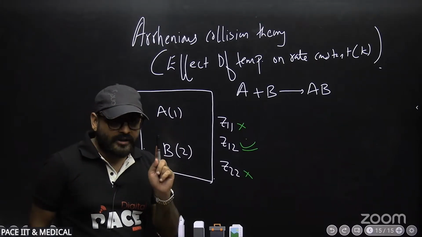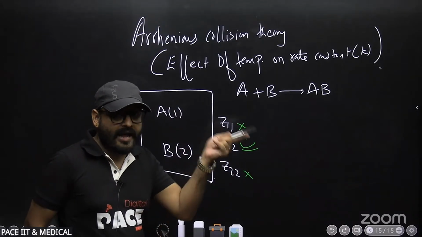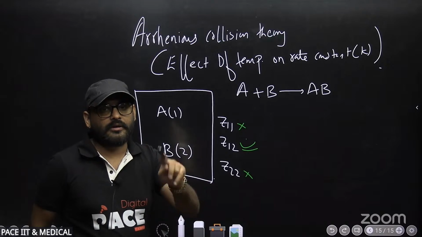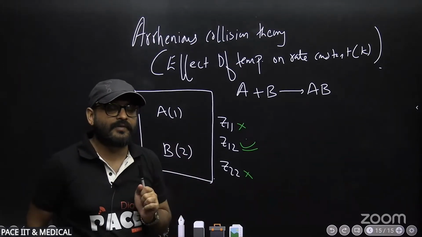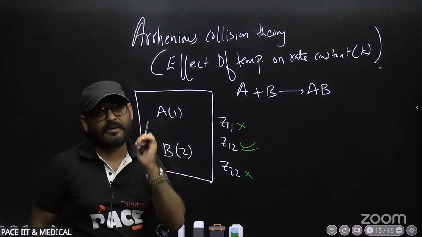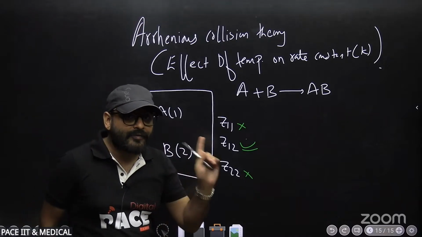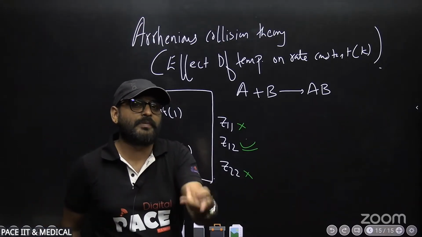The theoretical rate calculated directly from Z12 and the actual rate differ by a big margin. The theoretical rate is found to be much bigger than the experimental rate. That means every collision between A and B is not resulting in product formation.